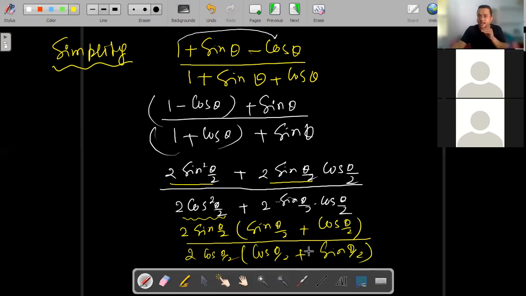In the denominator, 2 cos theta by 2 can be taken as common, giving 2 cos theta by 2 times cos theta by 2 plus sine theta by 2. Sine theta by 2 plus cos theta by 2 cancels in numerator and denominator, and the 2 also cancels. So we get sine theta by 2 divided by cos theta by 2, which is tan theta by 2. Understood, everyone? This is how you can understand this concept.